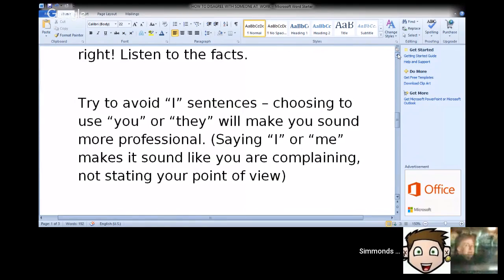However, in academic writing, how can I say, it is said to be somewhat weak. That's what I learned, but I don't know, because it's changing now. Maybe using I is more acceptable in academic writing now.